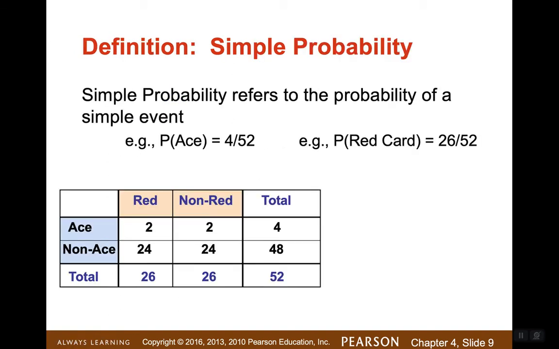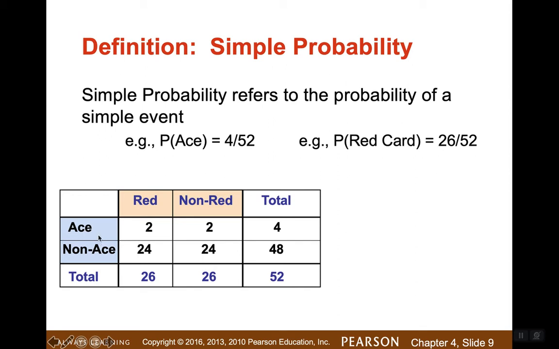Now we're going to do a simple probability, which is the probability of a simple event, basically one characteristic. In this case, it's either red or non-red, or the probability of an ace or non-ace.